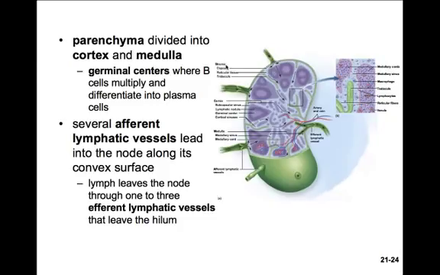The nodules of the cortex are where B cells multiply and differentiate into plasma cells when the lymph node is fighting a pathogen. Now, lymph enters these nodules through afferent lymphatic vessels. The lymph then moves into the subcapsular space and then moves through the sinuses of the cortex and the medulla and then flows out through one of the efferent lymphatic vessels that leads through the hilum.